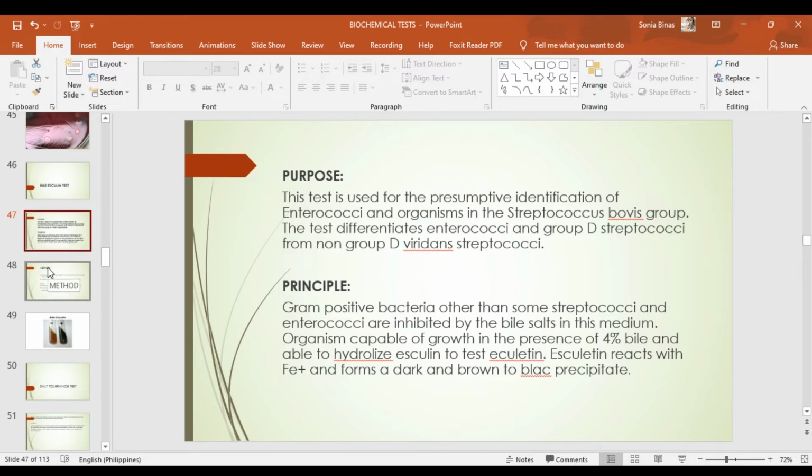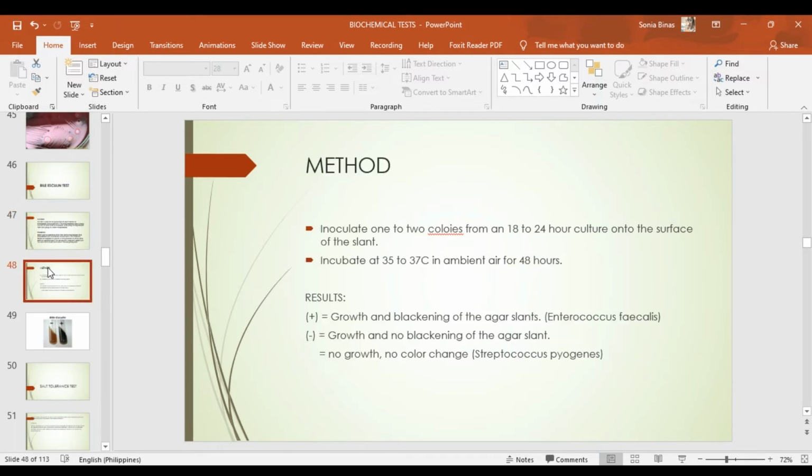So the method for this is to inoculate 1 to 2 colonies from an 18 to 24-hour culture onto the surface of the slant and incubate at 35 to 37 degrees Celsius in ambient air for 48 hours.